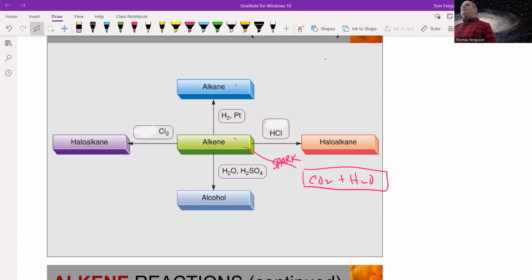Or we can convert it to an alcohol by adding water across the double bond, and that water is in an acidic environment. Also, one other reaction, spark, combustion. You can always burn them. Okay, so let's take these four reactions, five if you count combustion.